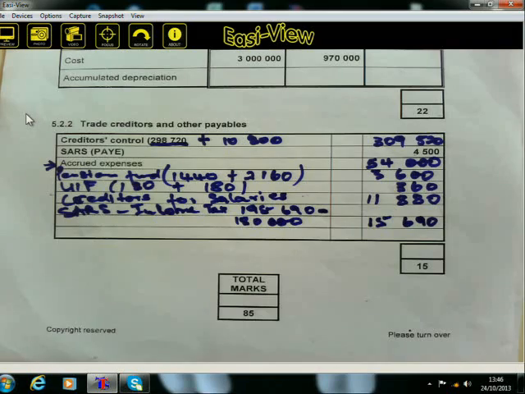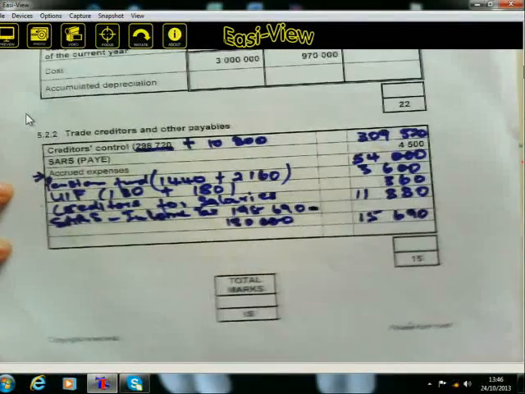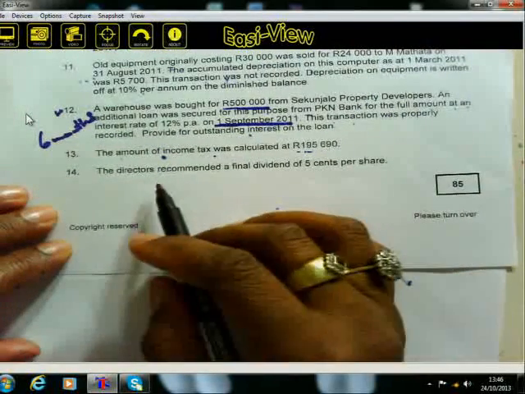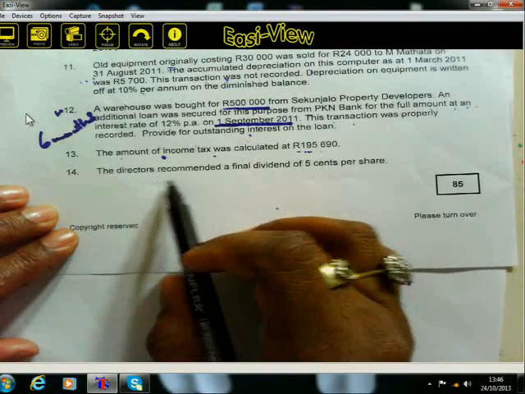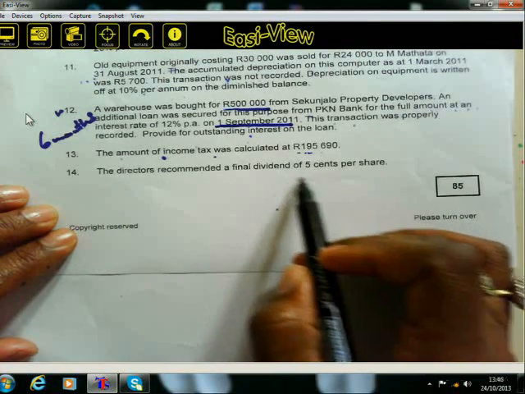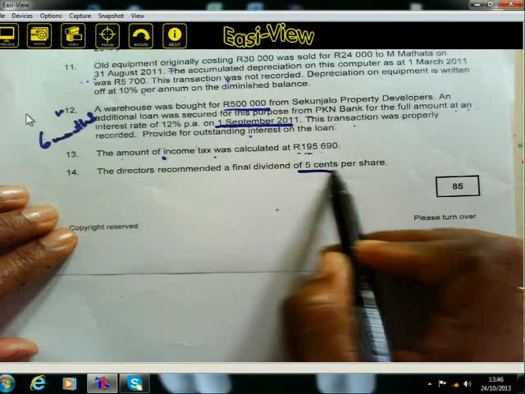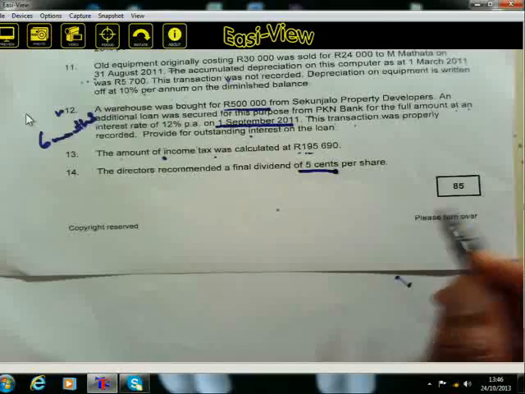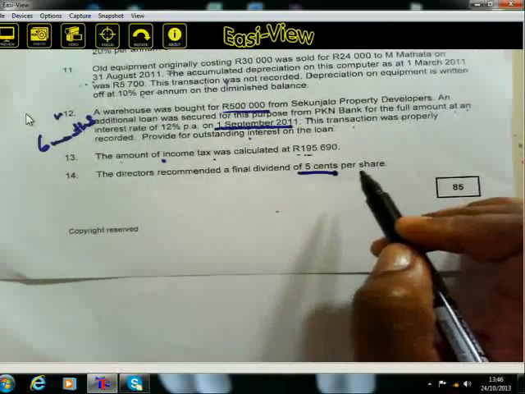Now at the end we must also consider the shareholders for dividends, because according to number 14 it says the directors recommended a final dividend of 5 cents per share. A dividend of 5 cents per share.